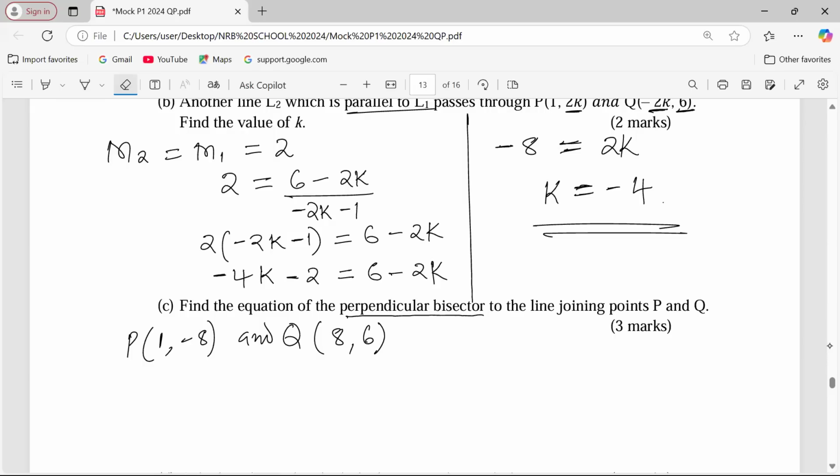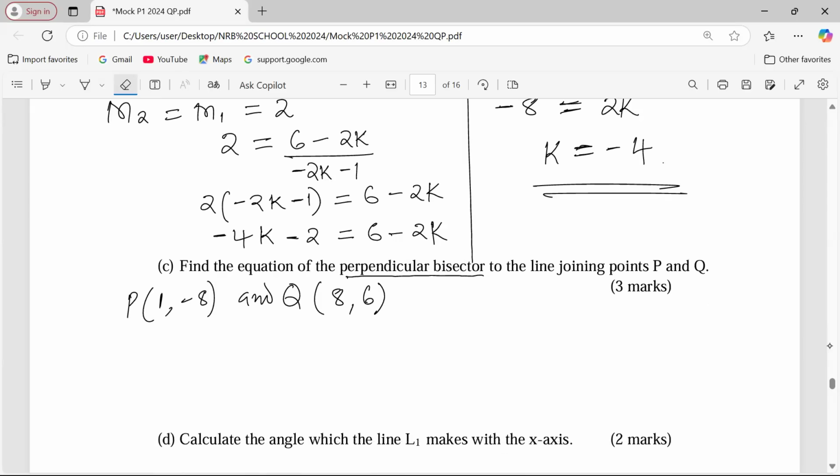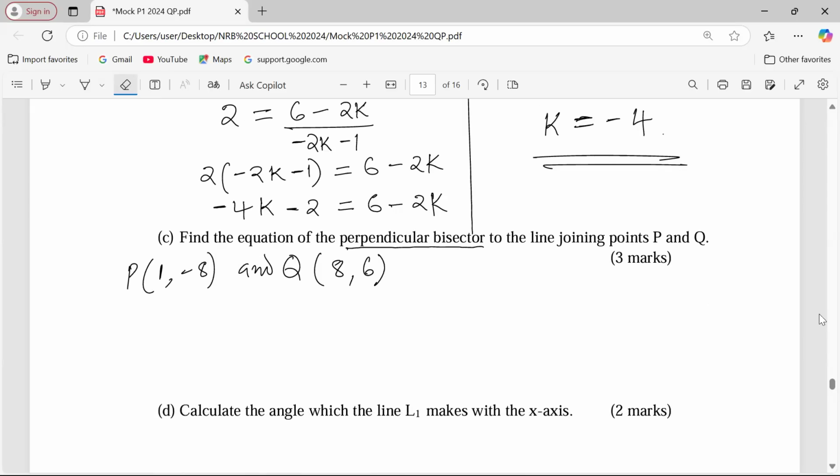Now look at the question. Find the equation of the perpendicular bisector. Perpendicular lines have a certain relationship, and that is their gradients multiply to give us negative 1. Therefore, this perpendicular bisector will have a gradient.